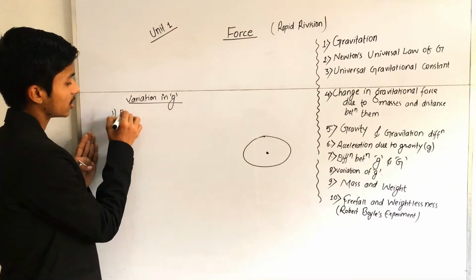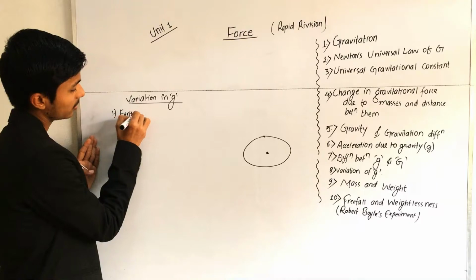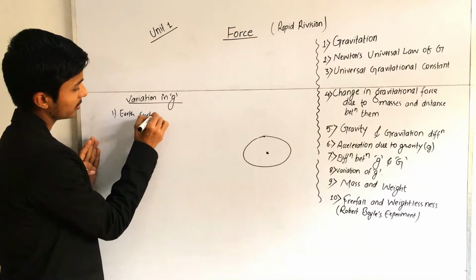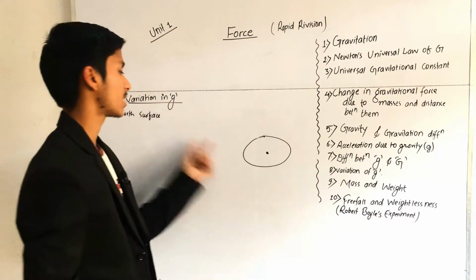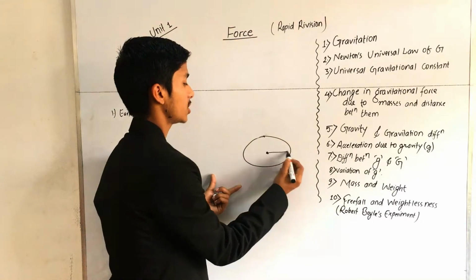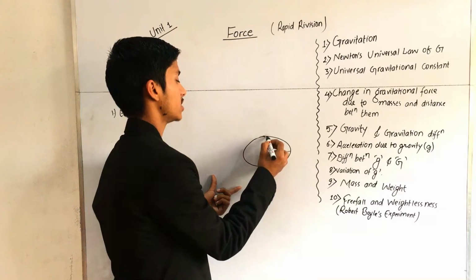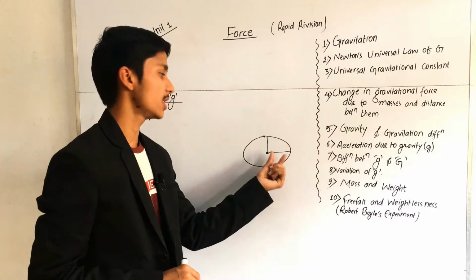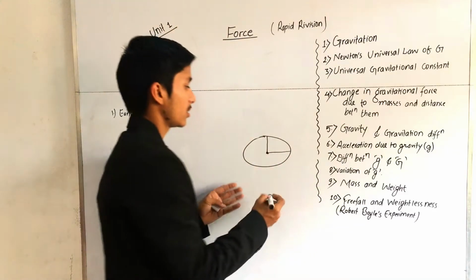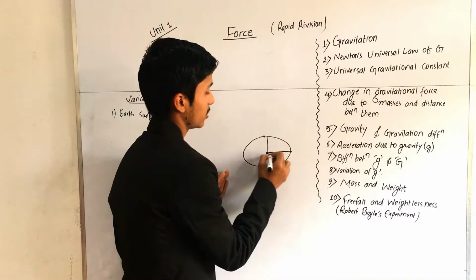First one, earth surface. This is the equatorial part, and this is the polar part, the pole. This is pole and this is equator.